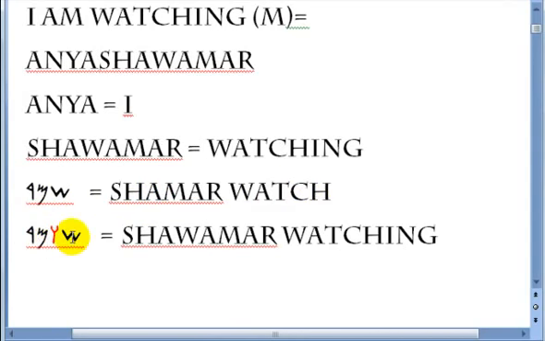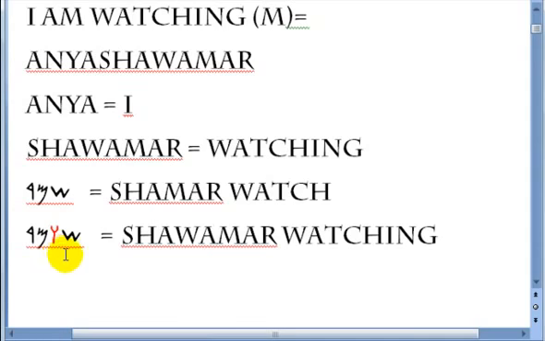Between the first and the second letter you add the wa, and that makes it shawamar, which means watching. So it went from shamar, watch, to shawamar, watching. This is the actual present tense, and you would use the same formula for every word that you want to make present tense.